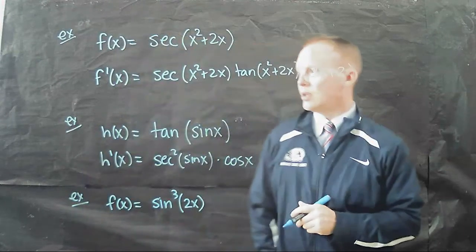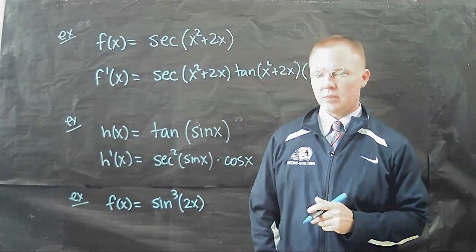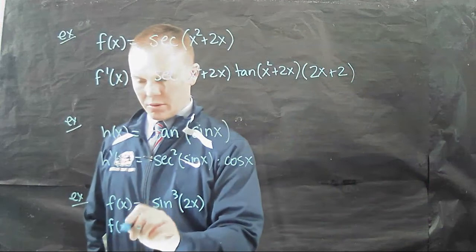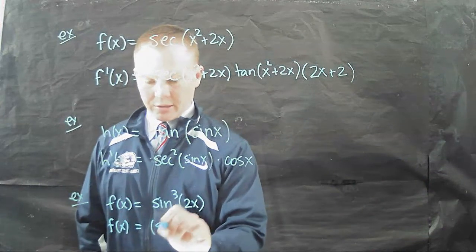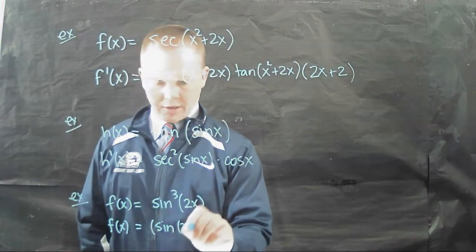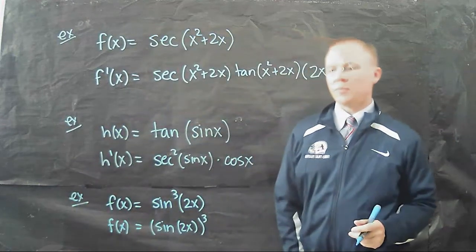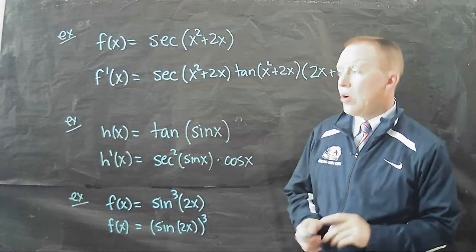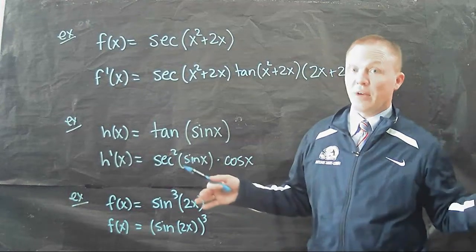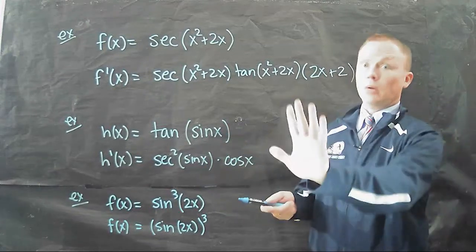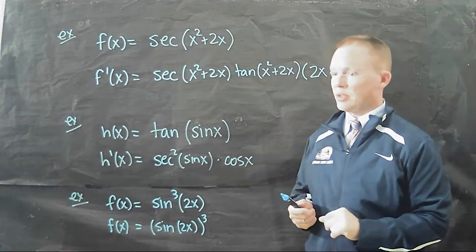Sine cubed of 2x. The first thing we're going to do is rewrite that as sine of 2x, cubed. Okay? And now hopefully you might be freaking out. In fact, I'm kind of hoping you're looking at this and saying, whoa, I don't know about this.